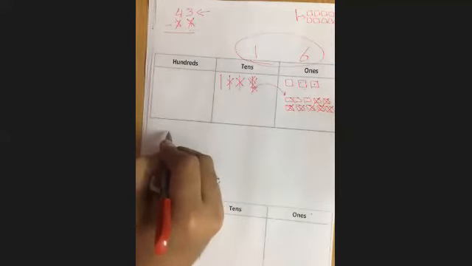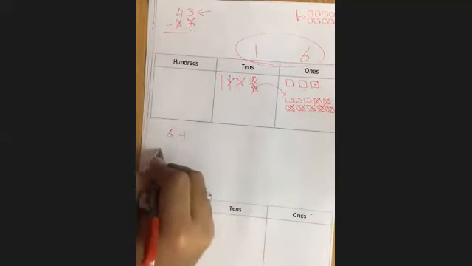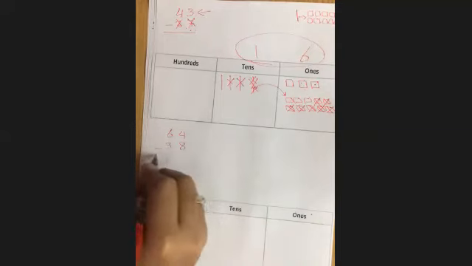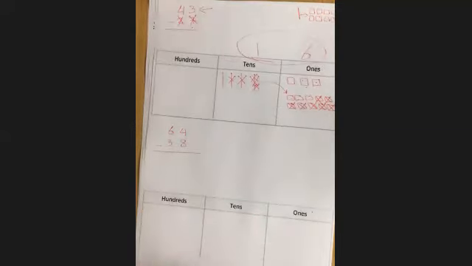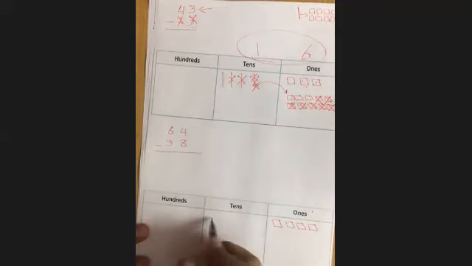We have here 64 minus 38. I will solve it. We need to represent 64 here by putting 4 squares in ones and 6 lines in tens. 1, 2, 3, 4, 5, 6.